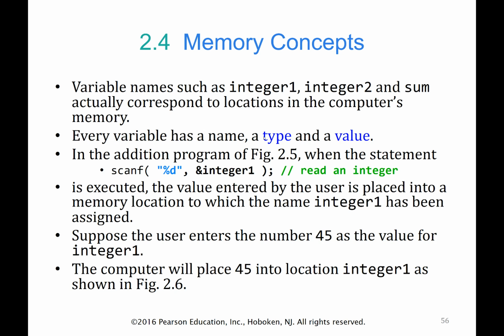So every variable has a name, a type, and a value. The name is whatever we want to call it, and we can call it whatever we want as long as we follow the basic rules, and I've already given you a couple of those rules.